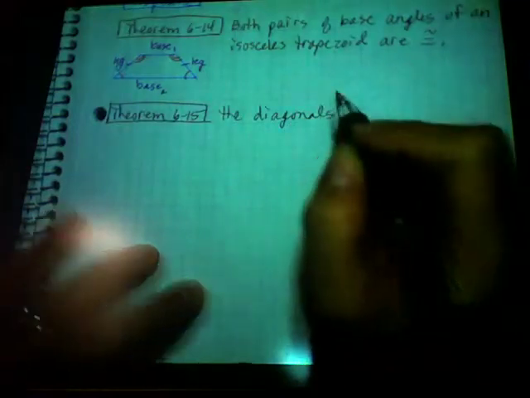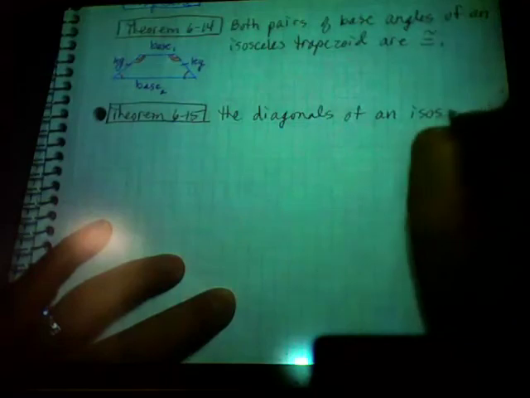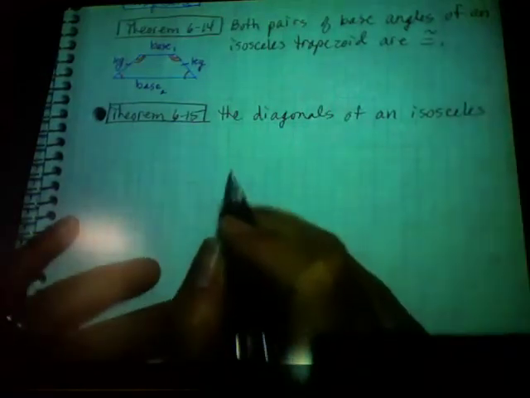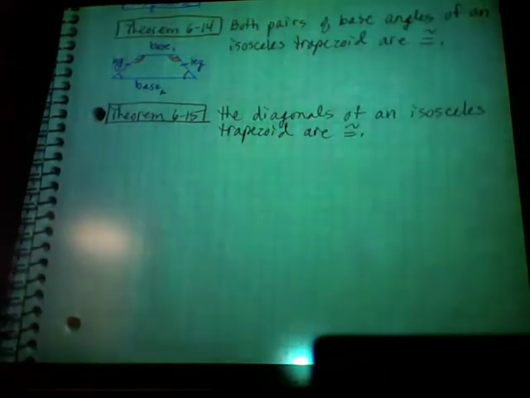And it says the diagonals of an isosceles trapezoid are congruent. So what is that similar to? What other figure are the diagonals congruent in? I heard it. Say it really loudly.